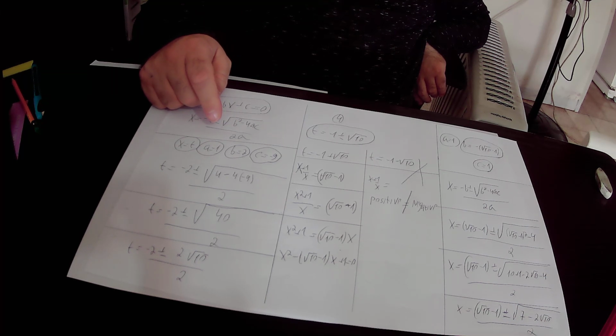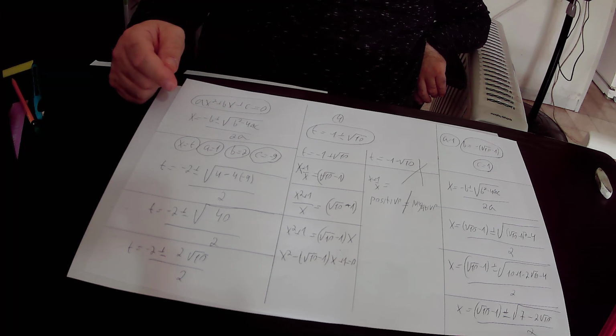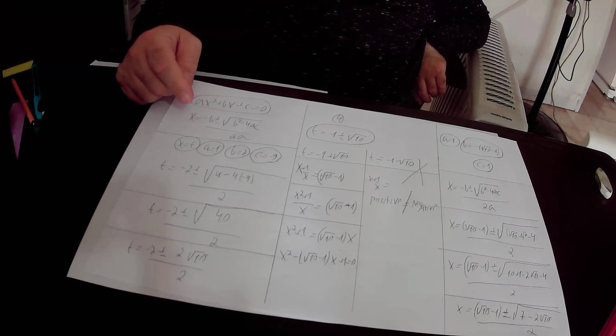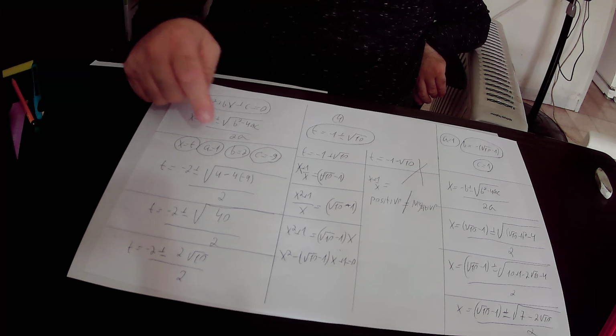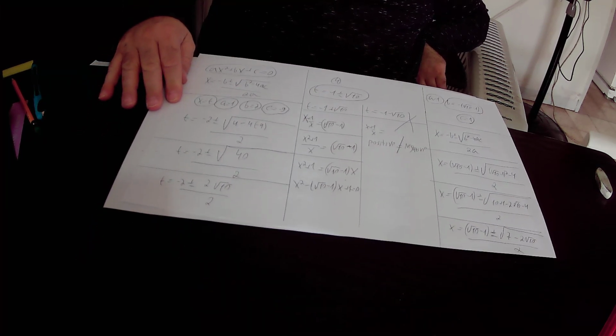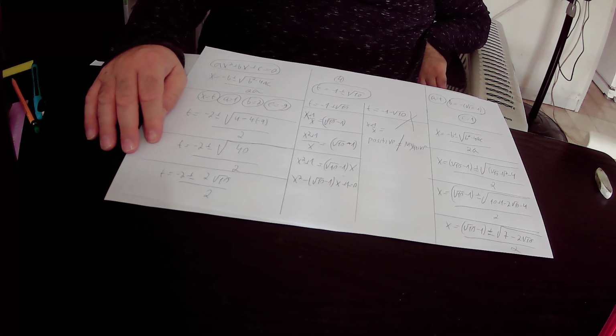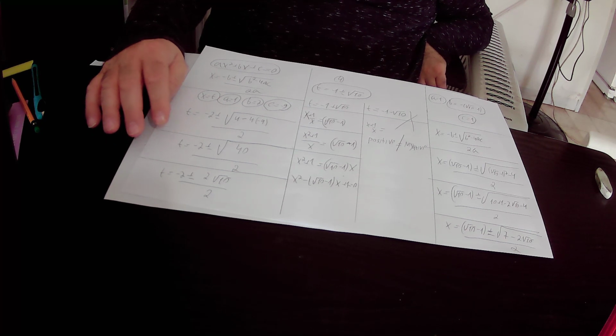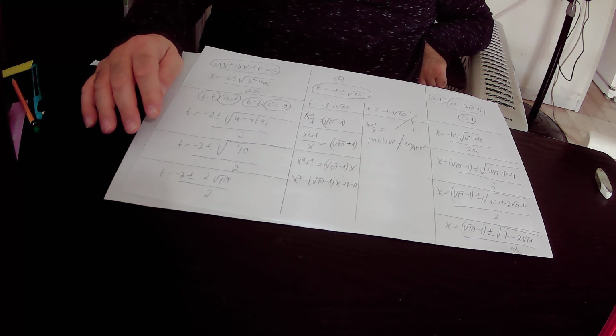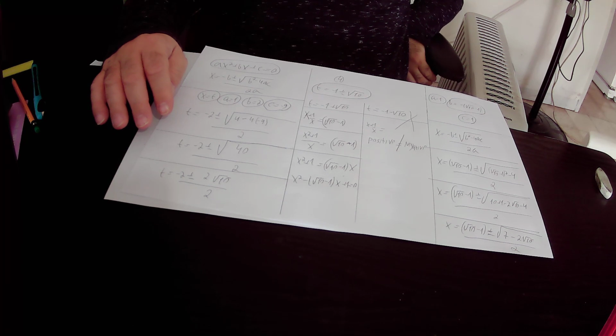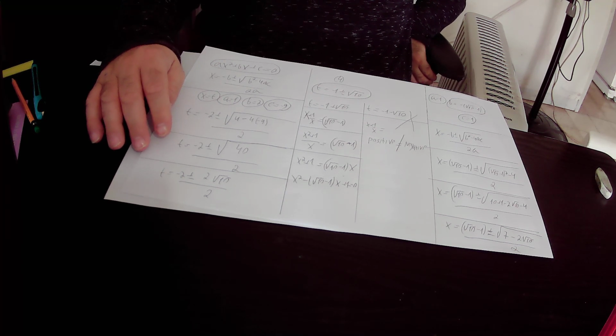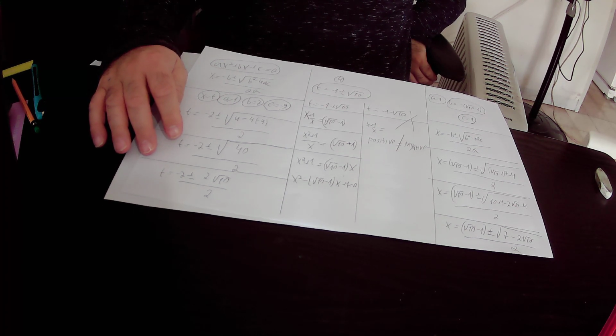So actually we have minus 4 times minus 9, that is 36, and 4 plus 36 is 40, all divided by 2. So here we have t equals minus 2 plus or minus the square root of 40 over 2, but 40 is 4 times 10, and the square root of 4 is 2, so in conclusion we got that t equals minus 2 plus or minus 2 times the square root of 10, over 2.